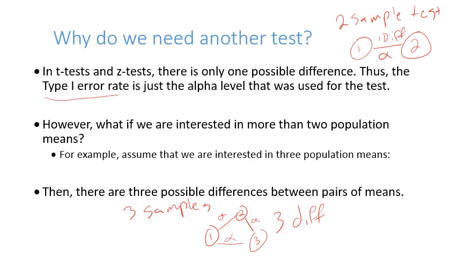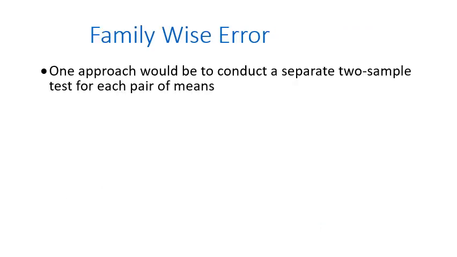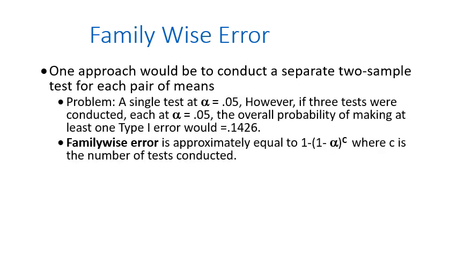The problem is we've got 3 opportunities for a type 1 error. What ends up happening there is that increases the type 1 error. So if we conducted those separate 2 sample tests for each pair of means, with a single test having an alpha of 0.05, if we did 3 tests, our overall probability of making a type 1 error is 0.1426.